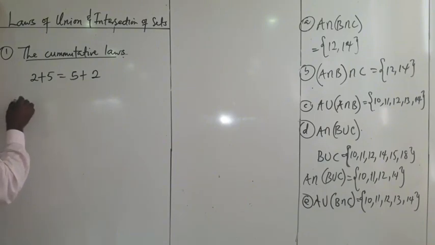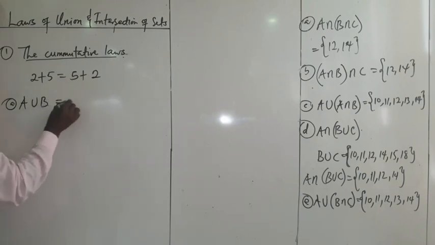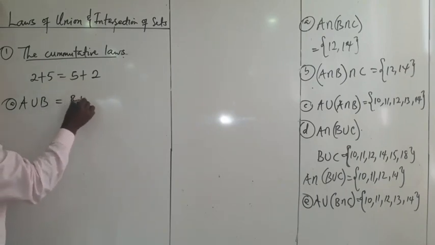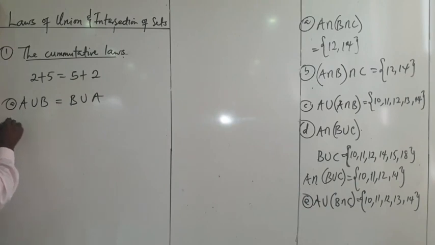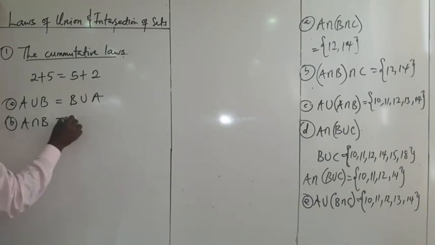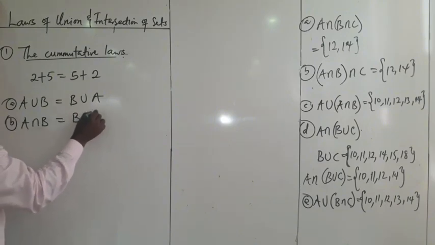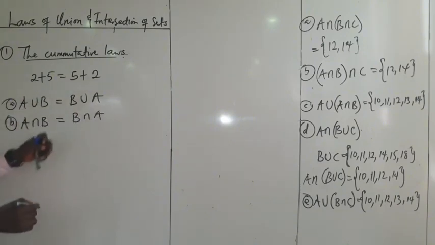If I have A union B, that's the first one. A union B is the same thing as saying B union A. And to say A intersection B, I'm still saying B intersection A. So this is what we call commutative law.